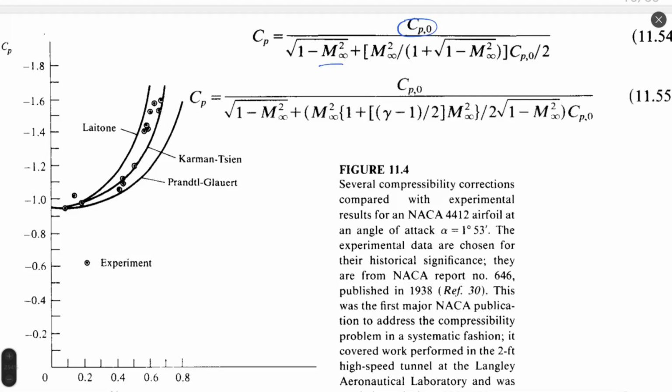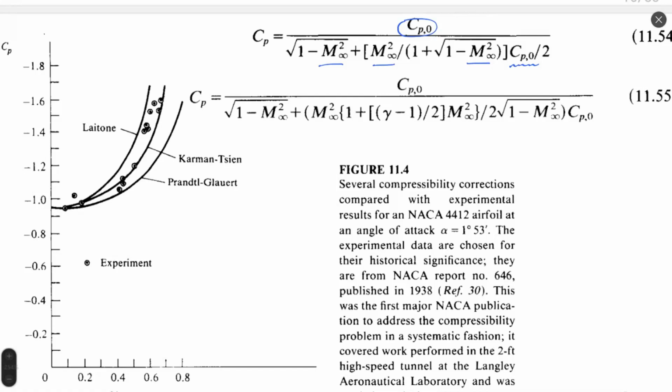We still have our M infinity inside the function, and we also have Cp0 in the denominator of this function. This function is more complex, but for some cases it describes better the pressure coefficient distribution, as a consequence the velocity distribution, and lift.